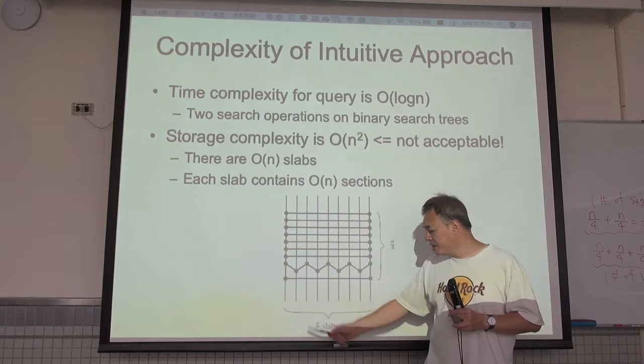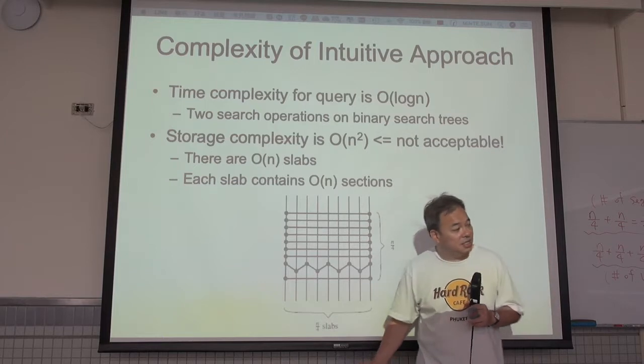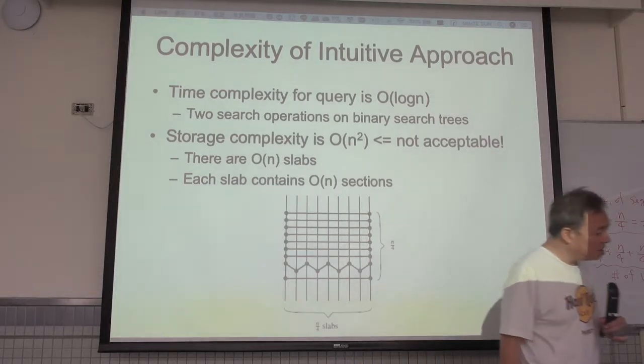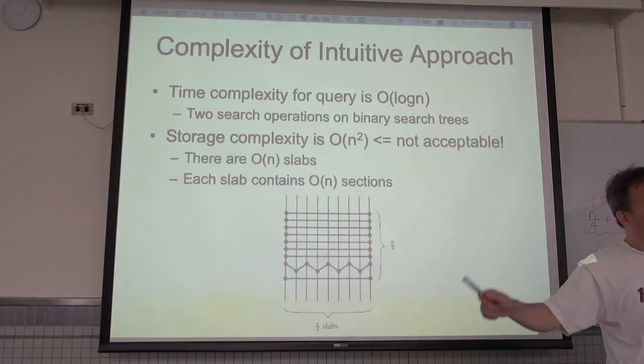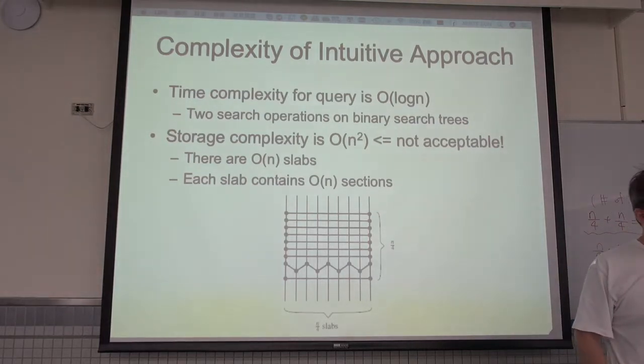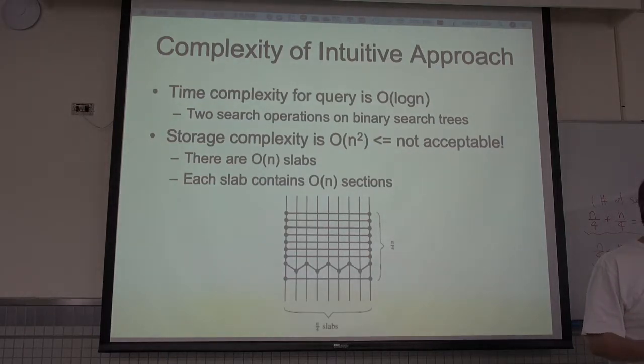We have n over 4 slabs. So if you want to create a binary search tree with this many leaf nodes, what is the amount of space required? Binary search tree.